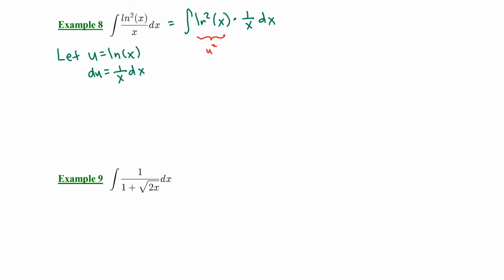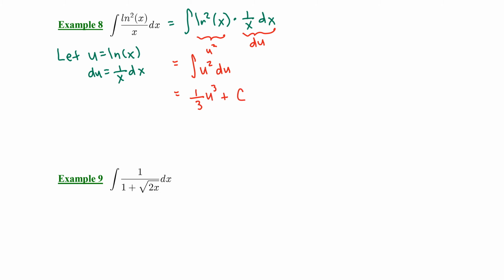That natural log squared will be u squared. The 1 over x dx is du. So in terms of u, we have the integral of u squared du, which becomes, by the power rule, either u cubed over 3, or if you prefer, 1/3 u cubed.